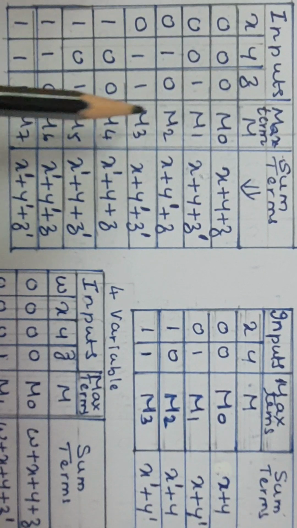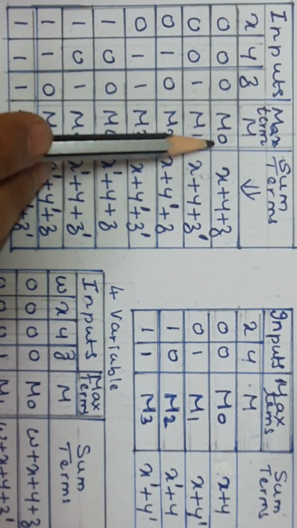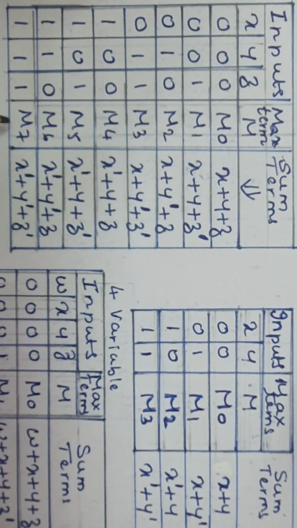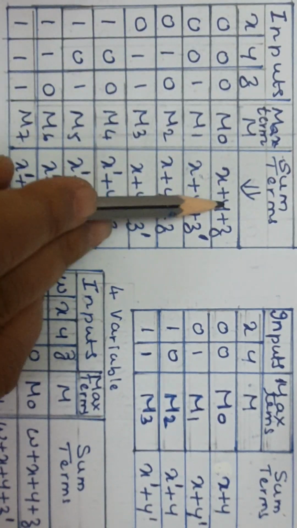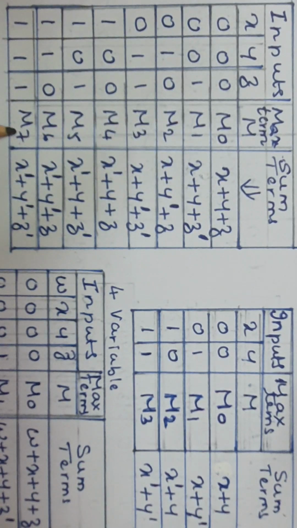So that is all about a 3 variable digital logic or Boolean function. The possible max terms from m0 to m7. These are the sum terms, or they are called max terms.